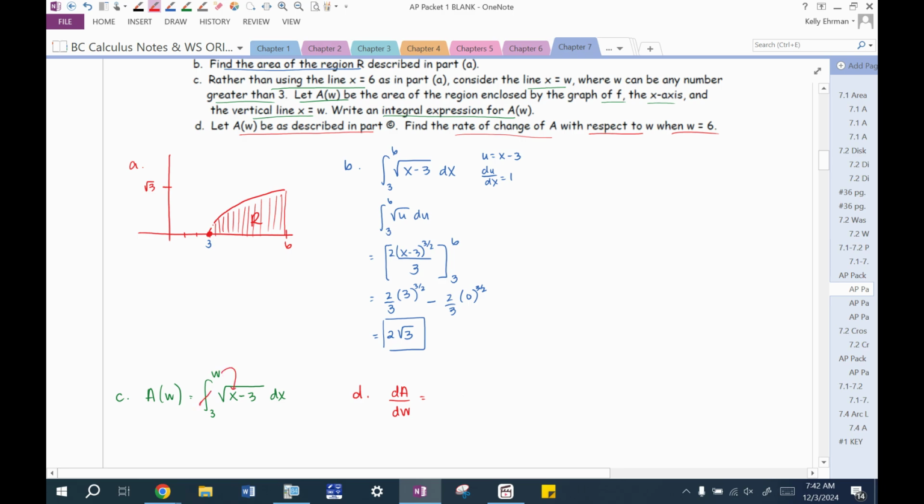You're plugging the w into here. So you get square root of w minus 3. And then normally we say, oh, but don't forget your dw/dt. Well, in this case, it's like, don't forget your dw/dw, right? You're taking the derivative with respect to w. So that is just 1. So that does not need to be there. So it's just dA/dw is equal to square root of w minus 3.